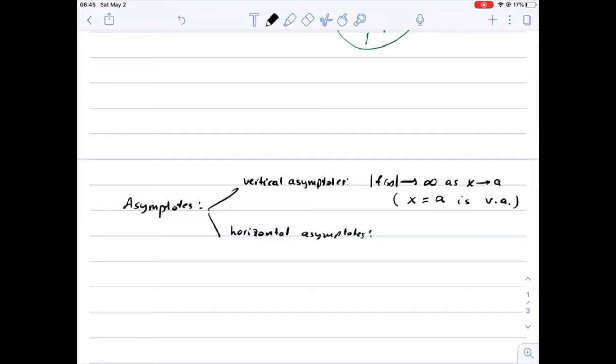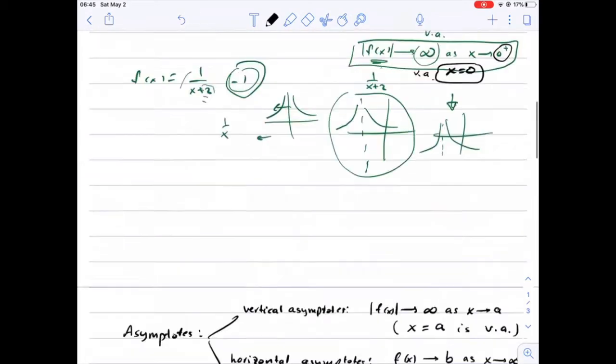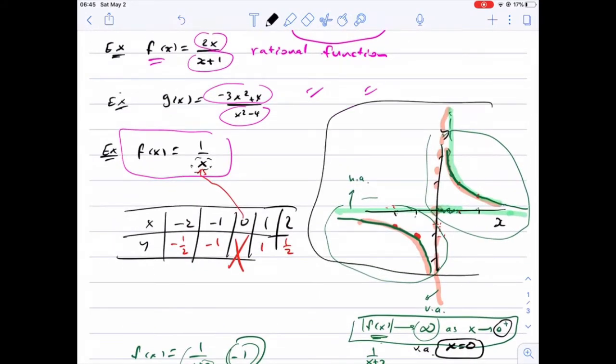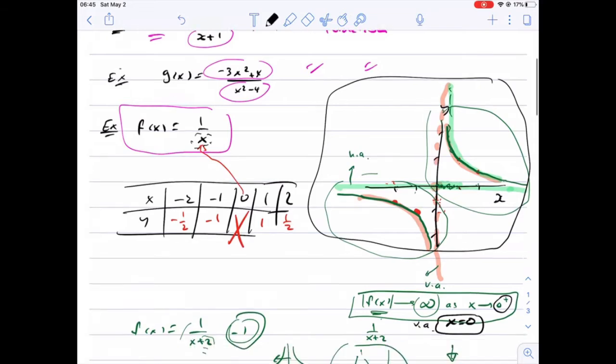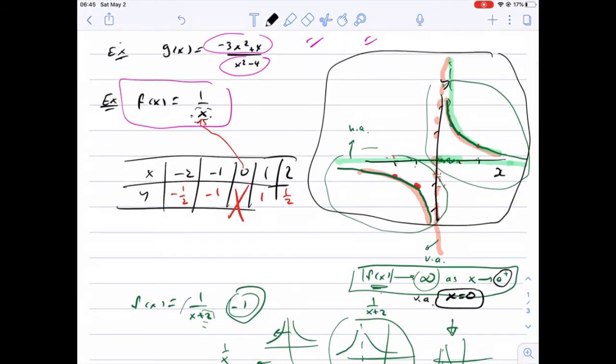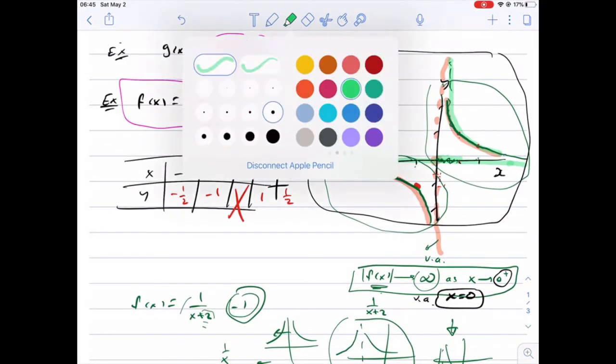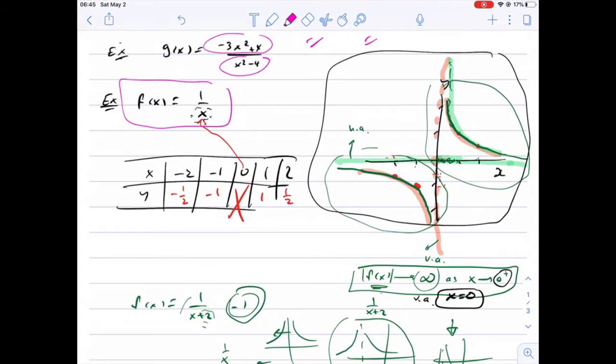We get a horizontal asymptote if the function approaches some value, let's call it b, as x goes to infinity. For example, when the function is 1 over x, as you can see, when x goes to positive infinity, the graph of the function approaches 0.